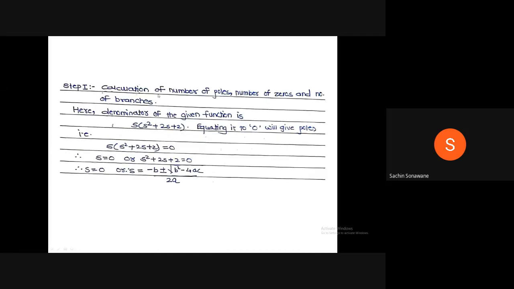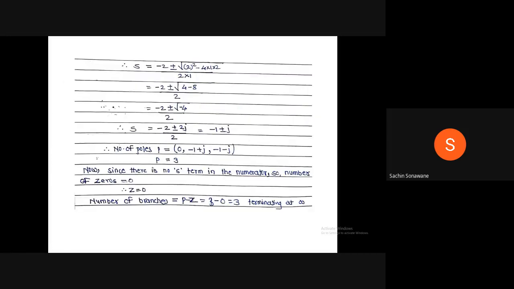Now step 1, calculation of number of poles, number of zeros and number of branches. Here the denominator of the given function is s into bracket s square plus 2s plus 2. Equating it to 0 will give poles, that is s into bracket s square plus 2s plus 2 is equal to 0. Therefore s is equal to 0, or s square plus 2s plus 2 is equal to 0. By solving this quadratic equation we get another two roots, that is s is equal to minus 1 plus minus j.